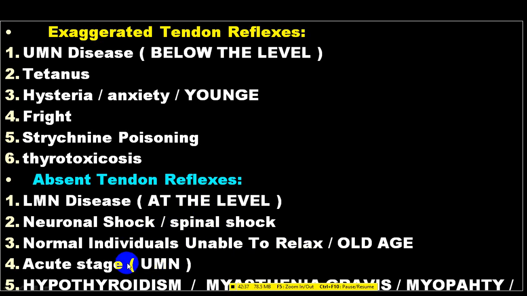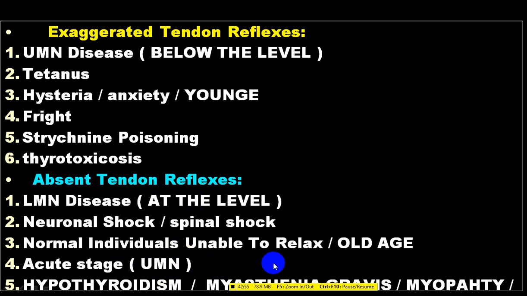In the acute stage of upper motor neuron palsy, an acute neurological insult will also have absent jerks initially. Later on, they will be exaggerated due to increased tone in the muscle.